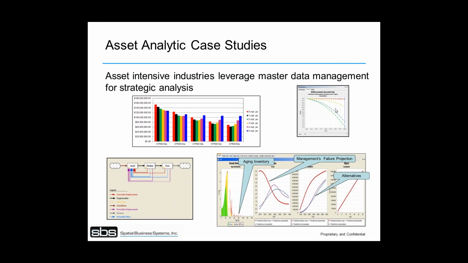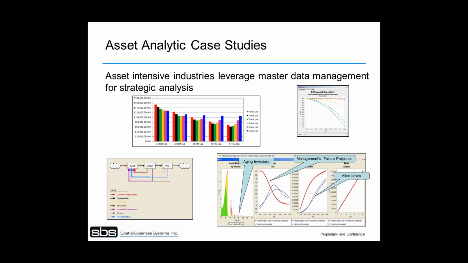The upper right here shows an example of differential sensitivity. So this is a curve for every dollar invested, how much do you get out of reliability? And so again, this is another example of analytics you can do when you're able to get all this master data together with the related information sources.